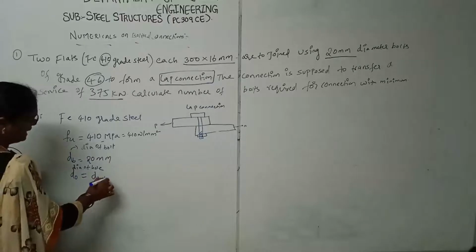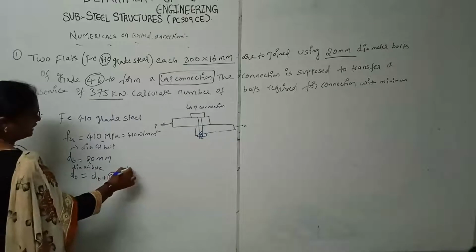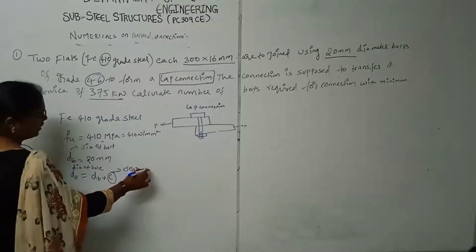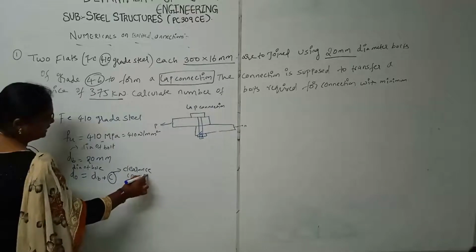Diameter of hole is d plus clearance, so c will be your clearance according to page number 73.